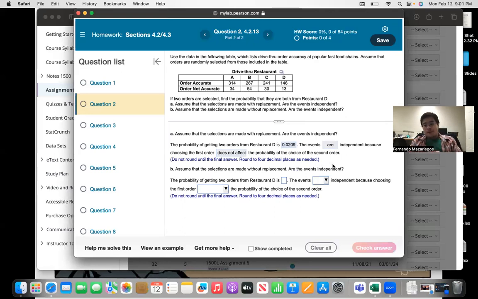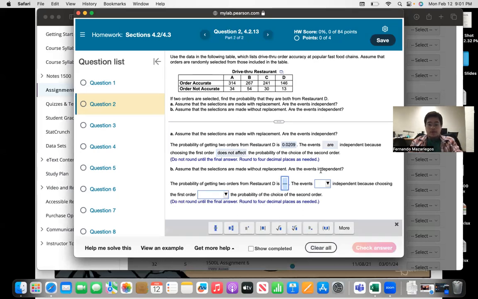Okay, so now part B, same thing, but now we are doing it without replacement. So the probability of selecting the first order from restaurant D is still 159 over 1099. And we want to multiply by the probability that the second order is also from restaurant D. Now, this is without replacement. So that means that I already took one of the 159 orders.